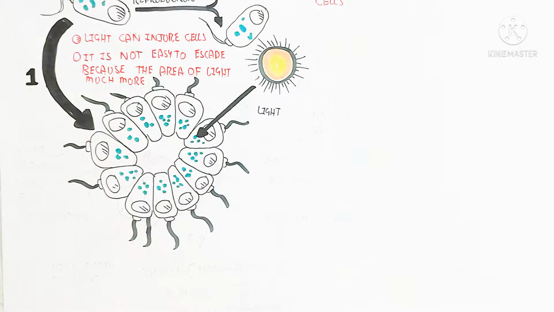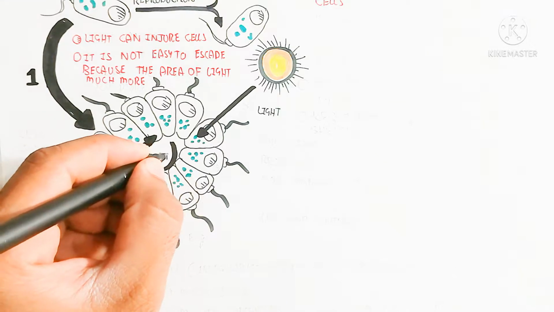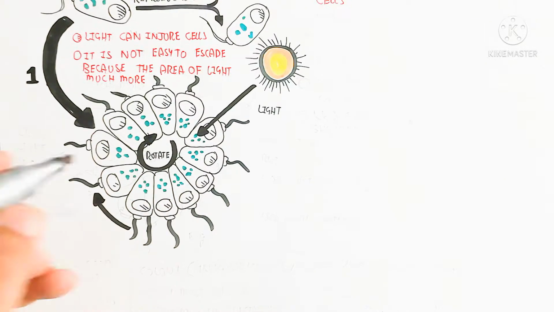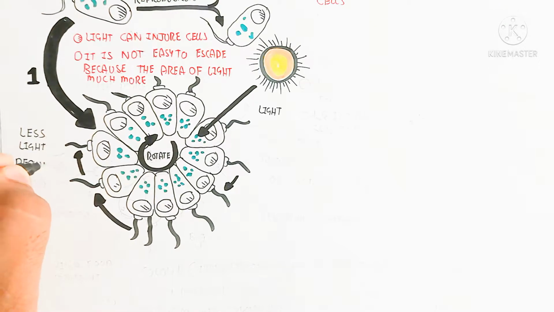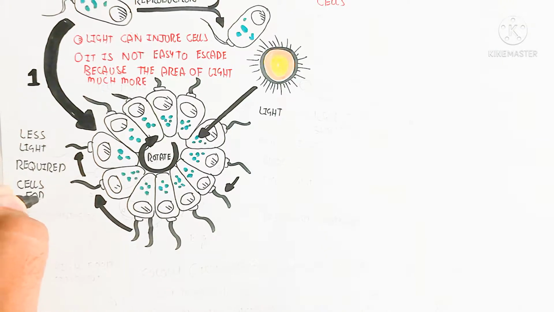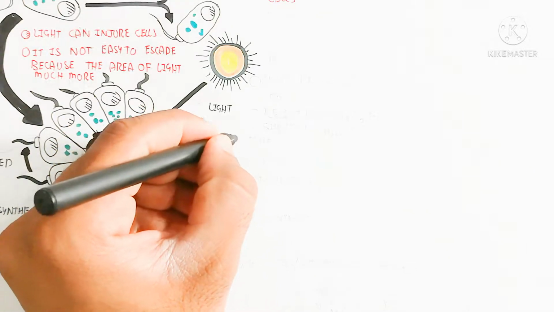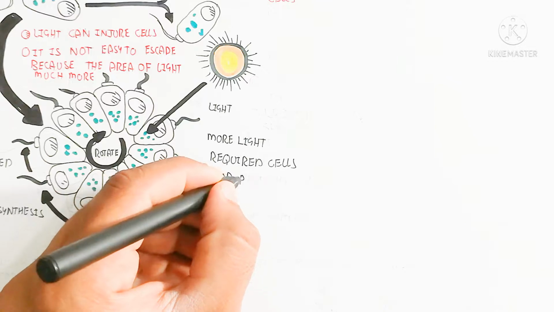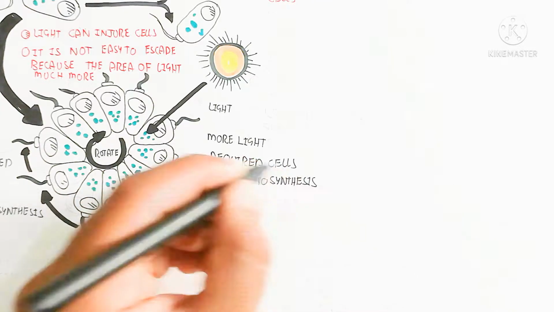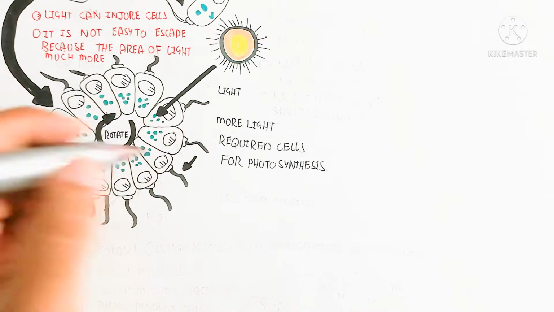When light falls on these cells, they produce photosynthesis. Remember, the colony can rotate, meaning the cells that need less light for less photosynthesis, because they are rich in food, will move and rotate. In this way, the cells that require more light for photosynthesis will show in front of the light, in front of the sun. That is why it is very important.